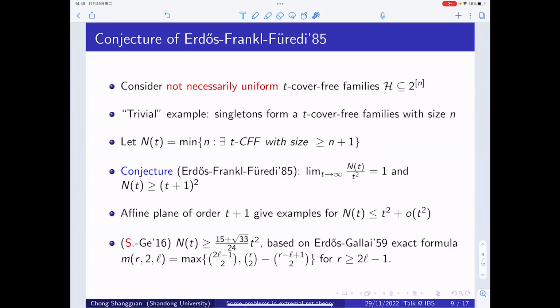The first known result on this function N_T was obtained in a joint paper with Gerbner. We are able to show a lower bound on N_T. The proof is based on Erdős-Gallai's exact formula for the maximum number of edges in a graph, not a hypergraph, just a 2-graph, with bounded matching number.